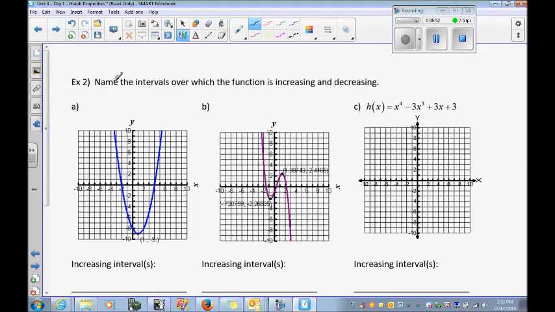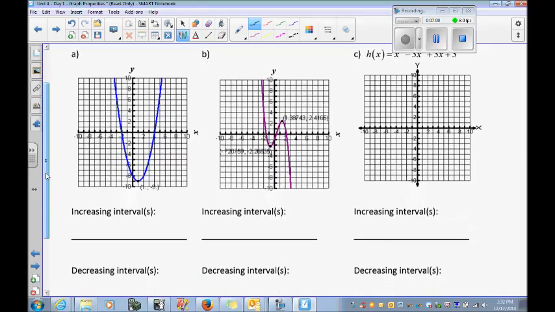Now, exercise 2, name the intervals over which the function is increasing or decreasing. Whenever we're naming the intervals, we always want to go on our x-axis. Here, with this particular graph, we see that right here at 1, when x is 1, this is when this particular function is increasing, and it continues to increase.